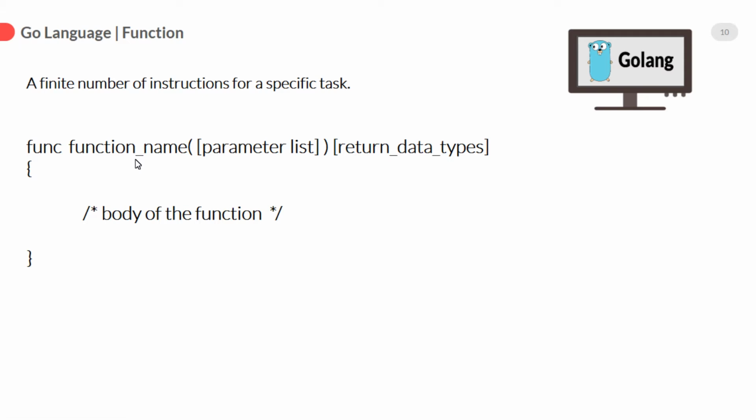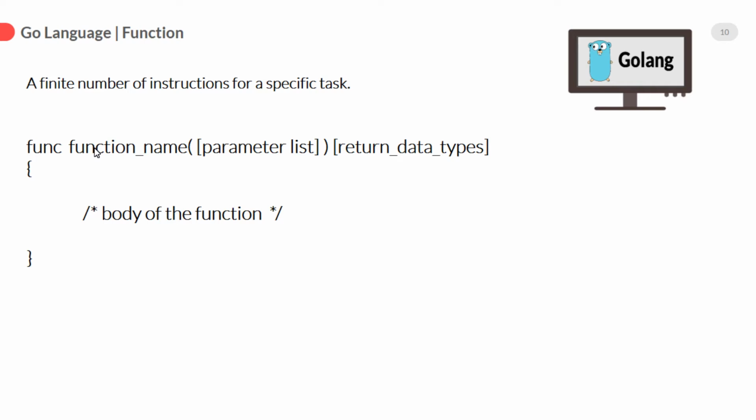Like if the function is about sum, then you can name it sum function. And here is the parameter list. When a function is invoked, we can send any data type variables to the function. The set of variables that the function receives is called the parameter list.